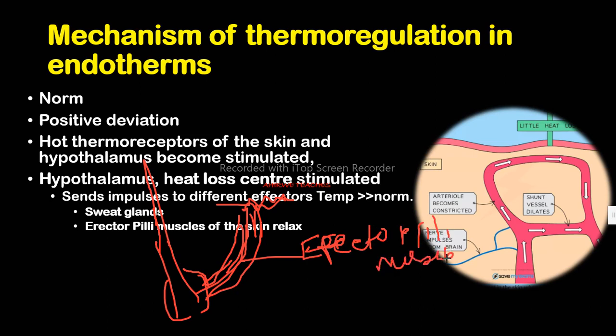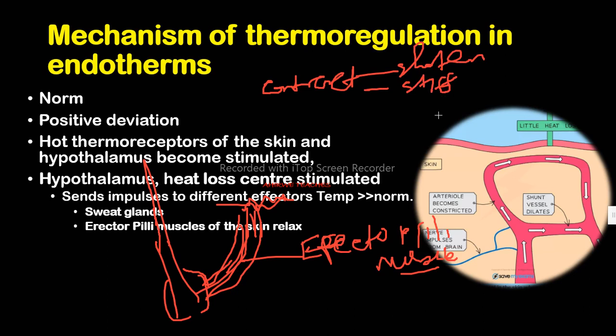Now, before we talk about this, there is one concept I want you to grasp. It will help you even in locomotion, in muscle contraction and stuff like that. When a muscle contracts, it shortens and becomes stiff. This concept is good.